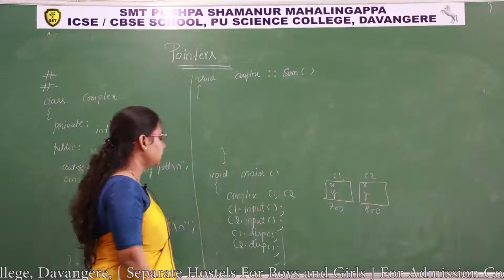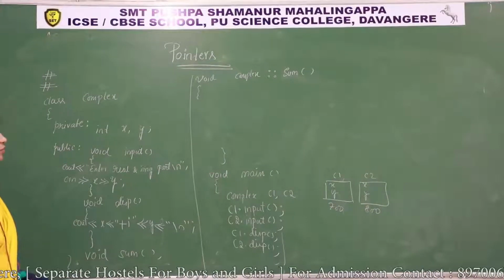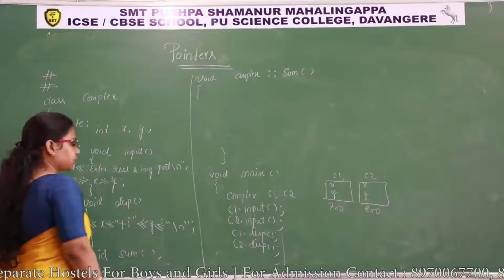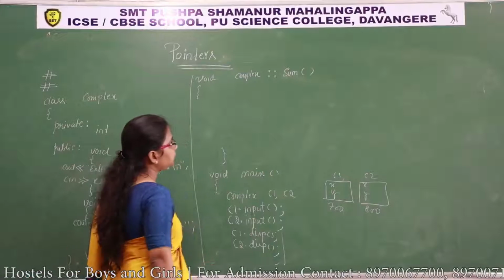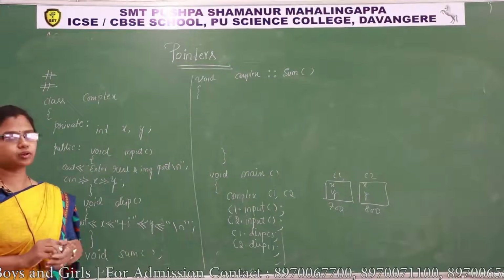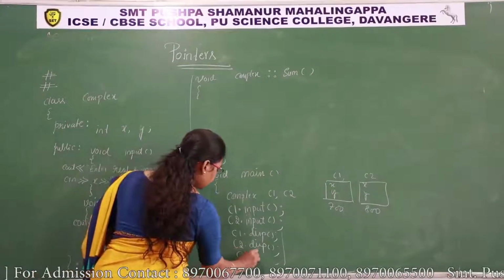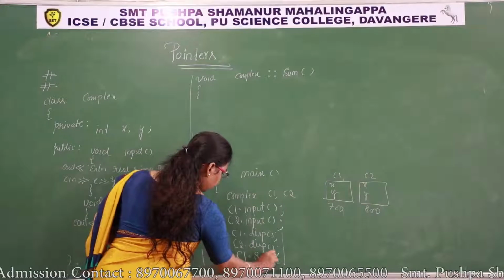After that, let us call the sum function to give the sum of these two complex numbers. Sum is a member function, no? You all know a member function is accessed using an object and the dot operator. So I will call the sum function using this object: C1 dot sum of C2.